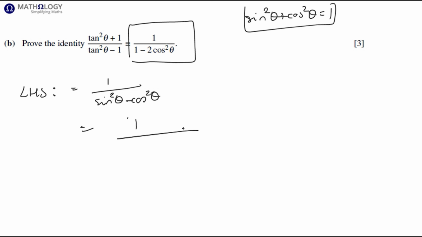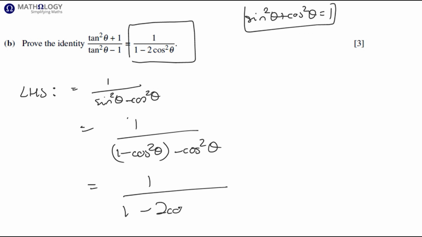So sine squared will be 1 minus cos squared, so 1 over (1 minus cos squared theta minus cos squared theta), and that equals 1 over (1 minus 2 cos squared theta), which equals the right-hand side.